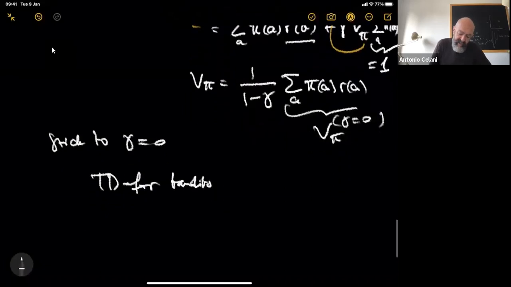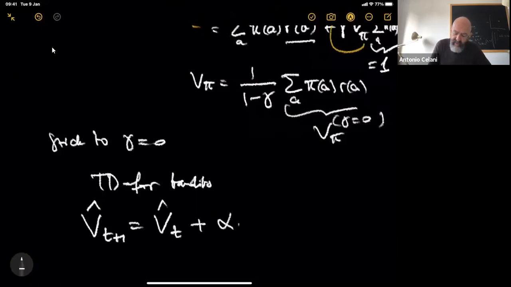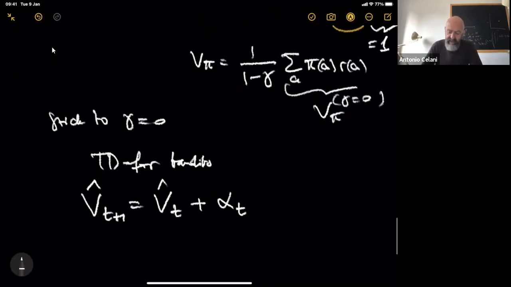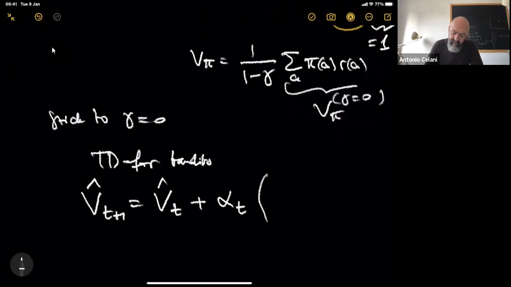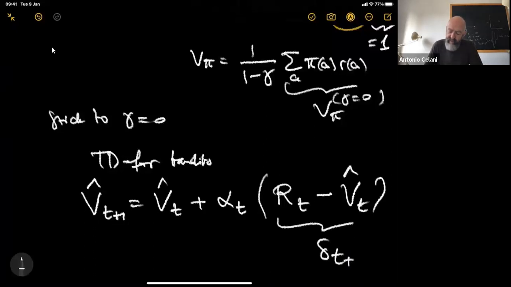Well, this just tells you that your estimate at the subsequent time is the estimate at the current time, now these are scalars, just numbers, plus your learning rate alpha t, and then you have your reward, which I now write as R t, minus the current estimate. So this is what the temporal difference error becomes for bandits, for gamma equals 0. It's just the difference between the reward and the current estimate.